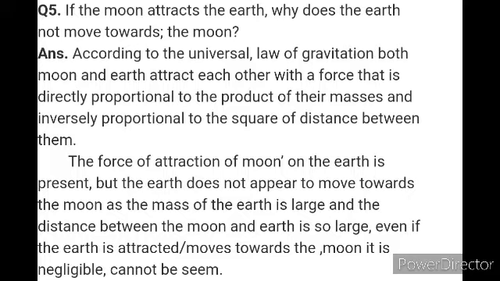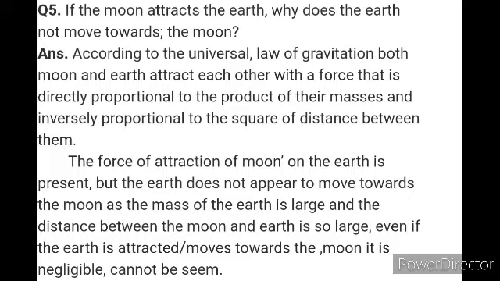The reason behind this is that the mass of the earth is large and the distance between the moon and the earth is also very large. Even if the earth is attracted towards the moon, it is negligible and cannot be seen.